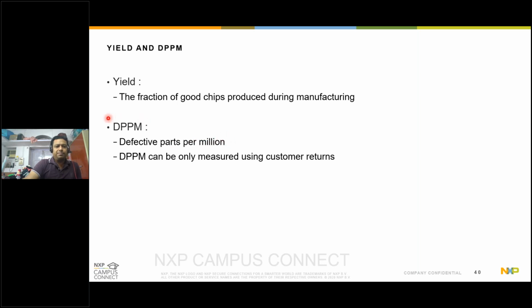So this DPPM level is an indication of how robust your overall testing is. If you have a low DPPM number, it means you are doing good testing on your chips. If this number is high, it means you are probably missing defects that you should be catching through your test program.